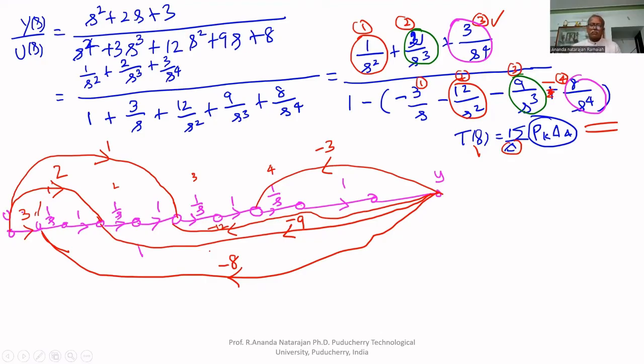That's all. Loops are over. So this is the final signal flow graph. From this we can write the observable state model. This is observable realization.